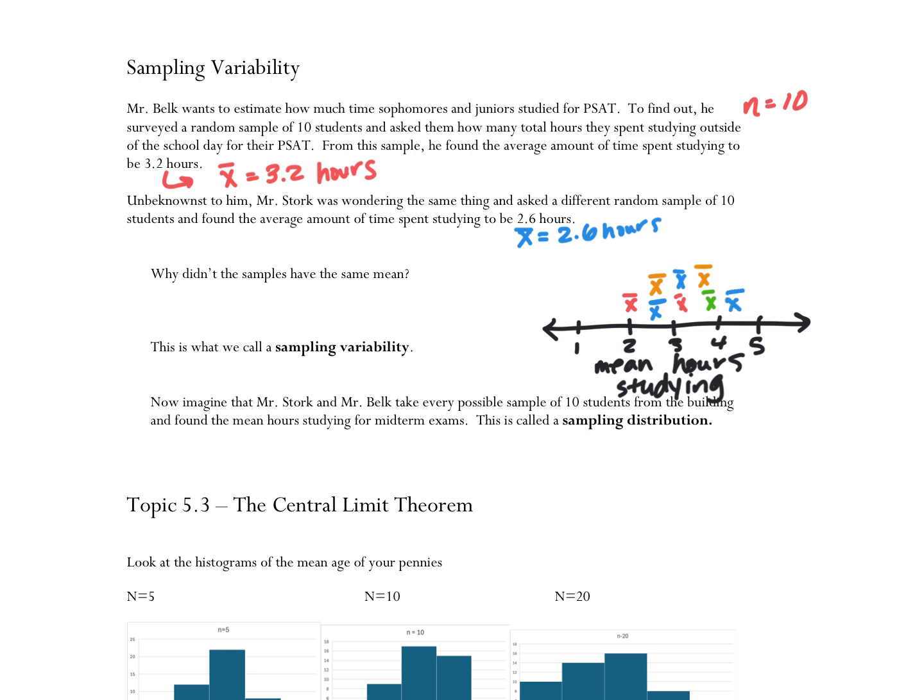Let's say this graph represents every possible sample. Samples don't all have the same mean because samples are not perfect. They have sampling variability. We didn't do anything wrong.